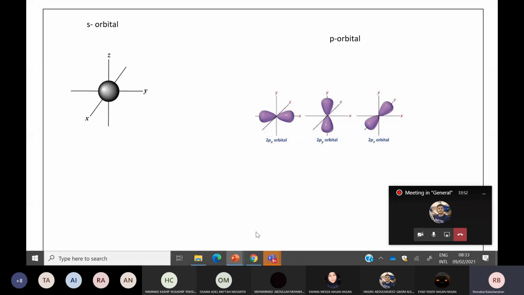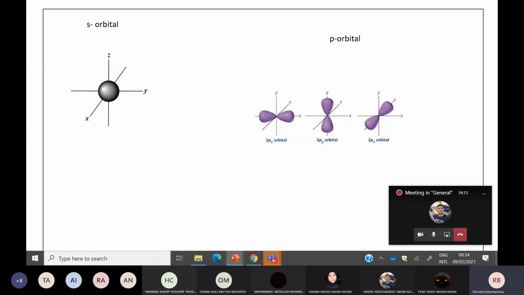So now, next. You remember in school you studied different types of orbitals. Even in 101 and 102, you studied s orbital, p orbital, d orbital, and all that.